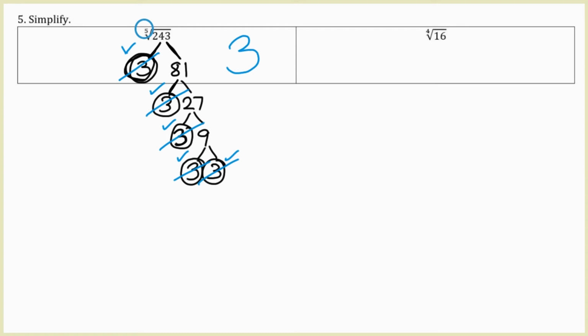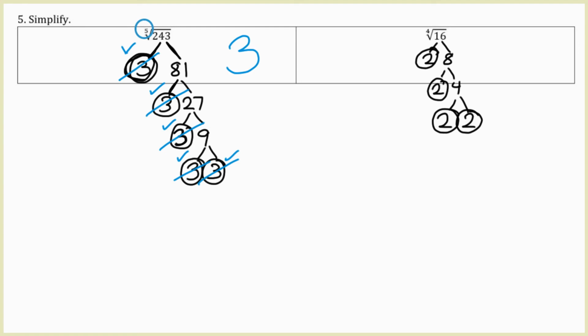Let's do 16. 2 and 8. 2 is a prime number. 2 and 4. 2 is a prime number. 2 and 2. Both of these are prime numbers.